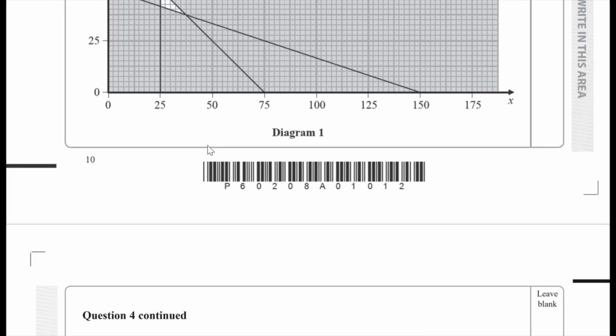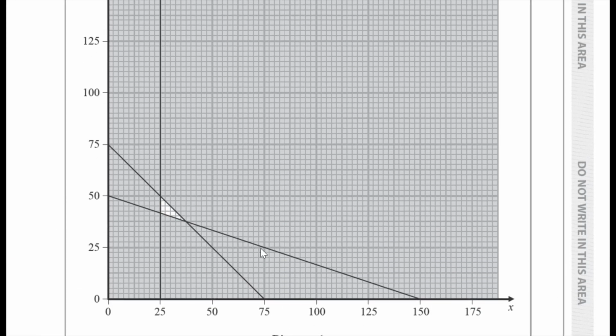Okay, and there's a couple of ways you can do this. I will only show the way I'm most comfortable with, and that is to use the coordinates of the intersection points. So we've got 3 intersection points, here, here and here. This intersection point is 25 and 50.